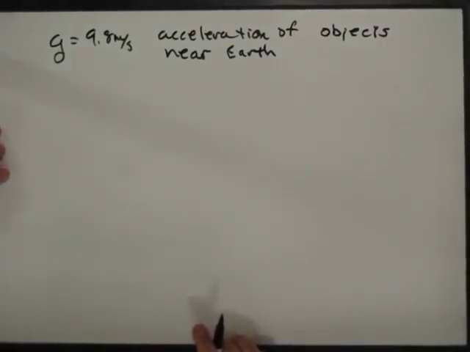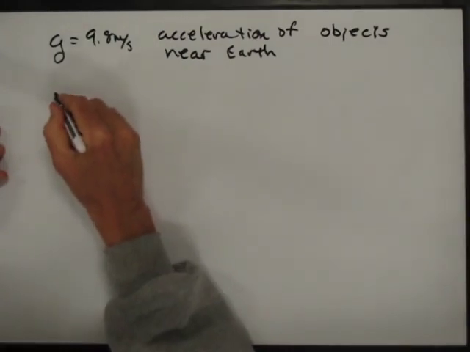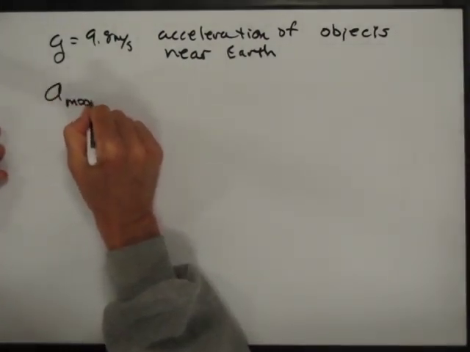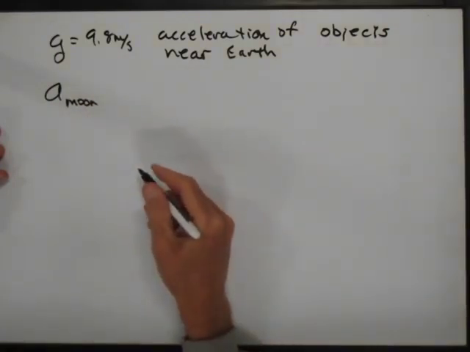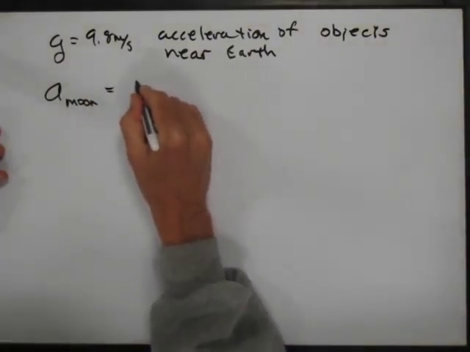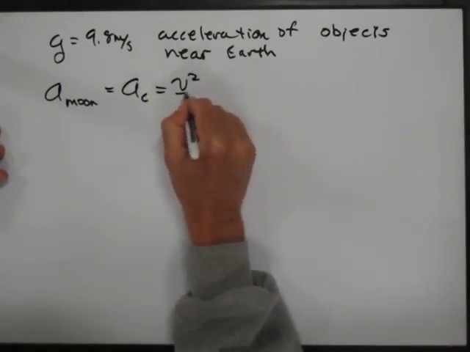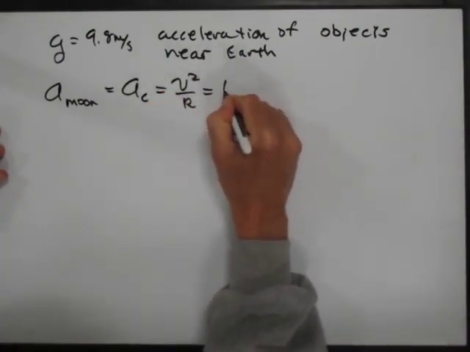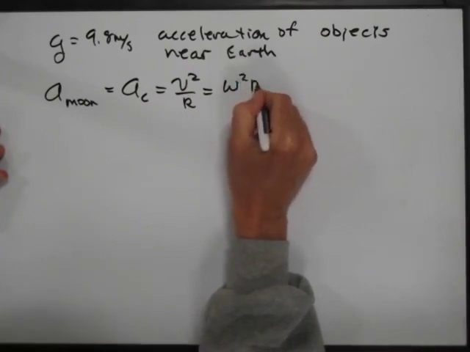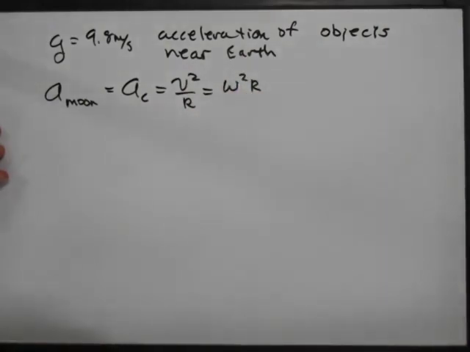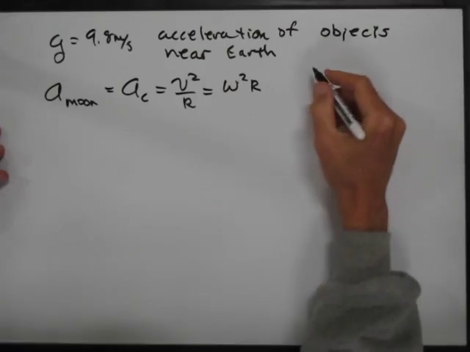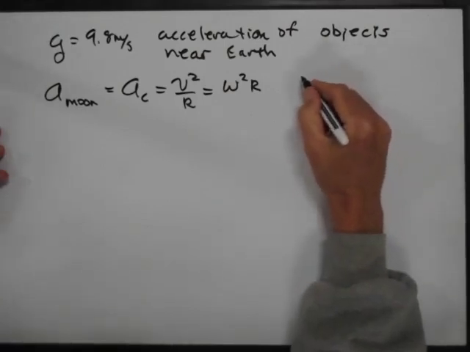So he was able to calculate the acceleration of the moon. The moon is just orbiting the Earth in a nearly circular orbit, and so its acceleration is just its centripetal acceleration, which is just v squared over r, or, as we've said in other places, omega squared times r, right? Where omega is the angular velocity of the moon going around the Earth.